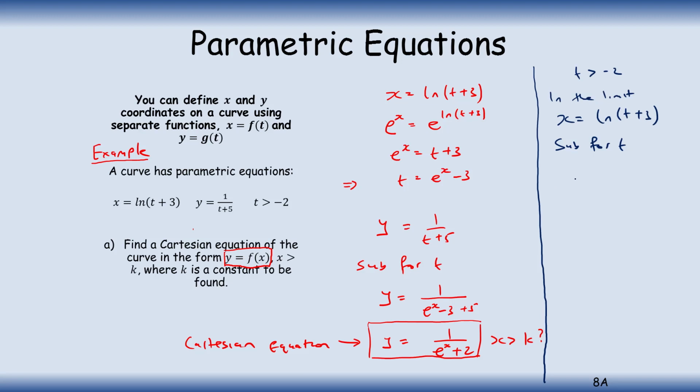We sub for t, and so x is going to be equal to the log of minus 2 plus 3, which is log of 1. And log of 1 is equal to 0, so x is equal to 0.